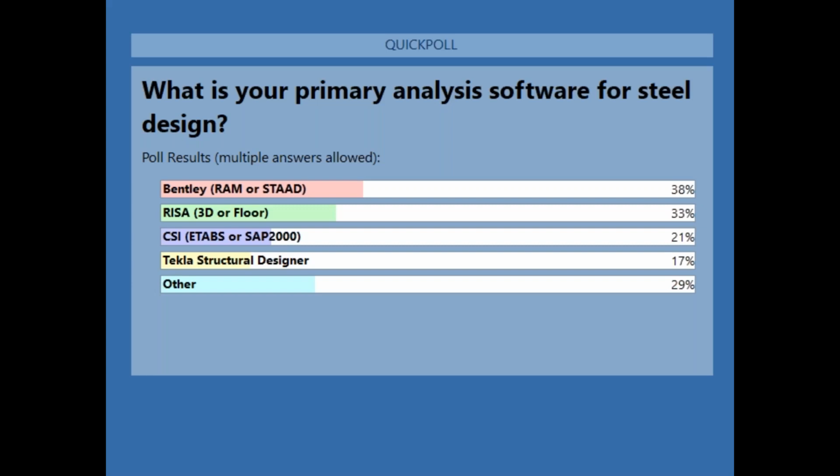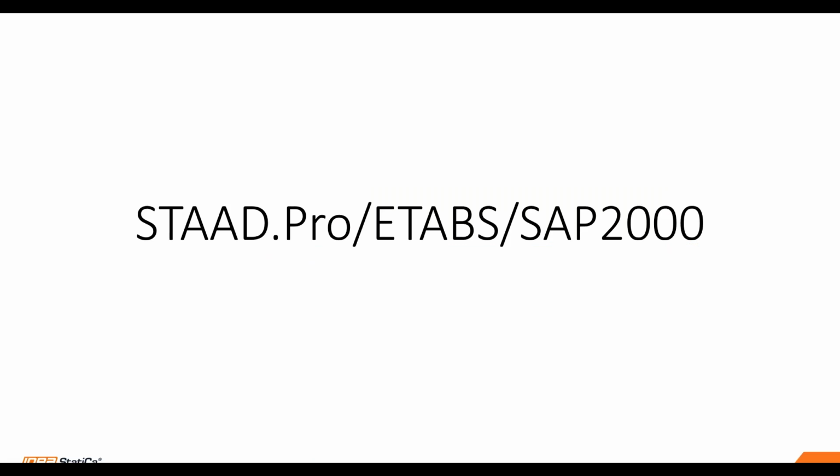So with that, I will drop out of the poll again and back to Andrea. All right, thank you. So, okay, this is a good result. I am starting with the Bentley Staad.Pro, and ETABS and SAP. I am gathering those because those work similarly with Checkbot, right?